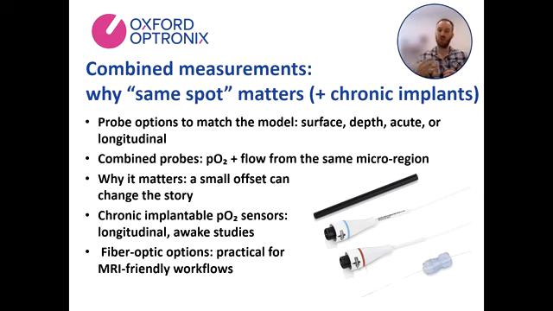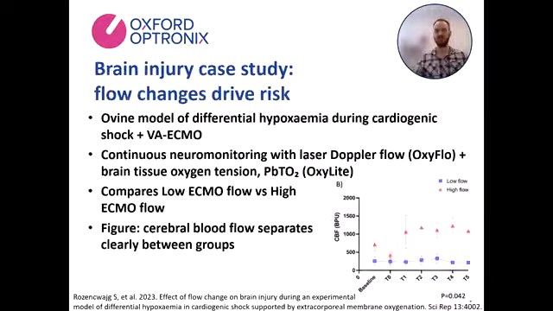And for longitudinal work, chronic implantable pO₂ approaches are an option too, especially for awake recordings over time. Finally, because these are fiber optic measurements, there are practical MRI-friendly workflows too, depending on the study design. Okay, so with that foundation, let's jump into a few case studies and look at real data sets.